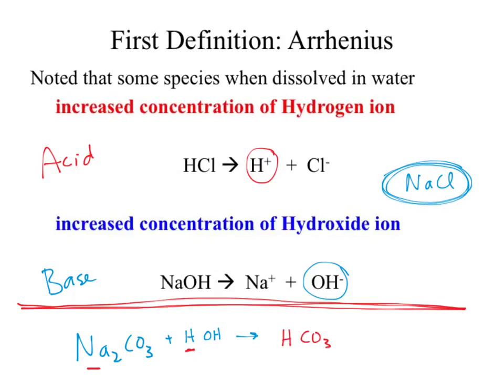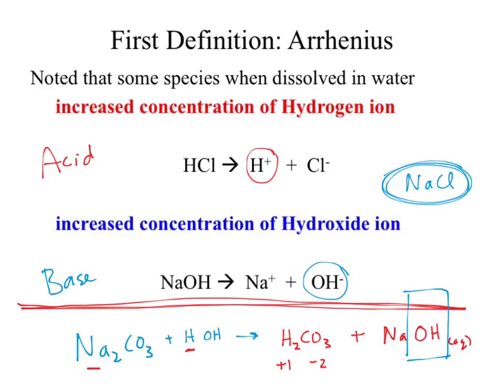Is that formula balanced? No. Carbonate is a -2, hydrogen is a +1. To balance that formula, we need H2CO3. Plus, what's the remaining? Sodium with OH. That being an aqueous species means that we've increased the concentration of OH in solution, which then means a basic compound.